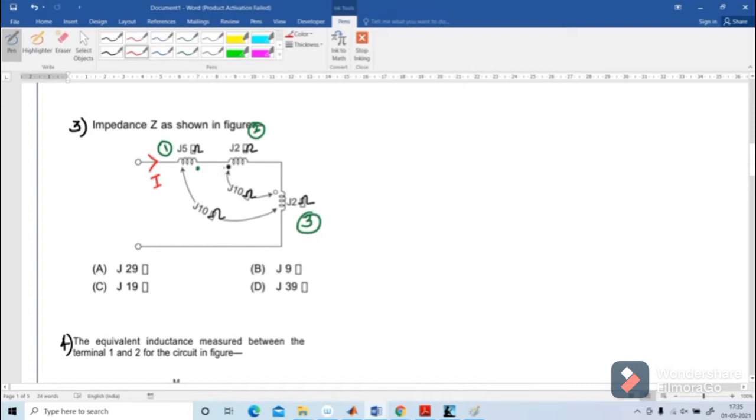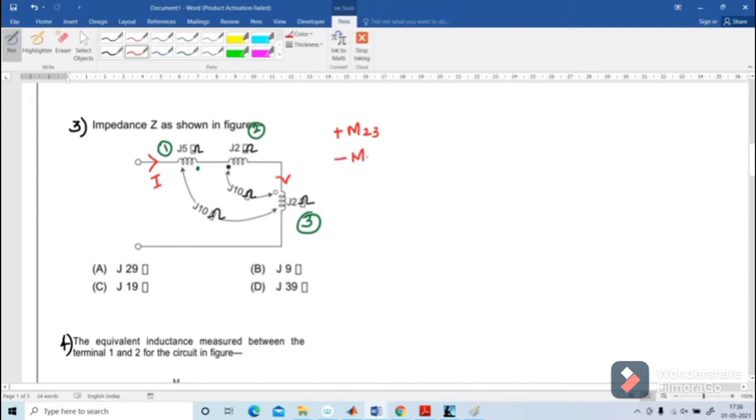The mutual inductance is not given for these. And for the second and third, current is entering the dot, so plus M23. And for the third and the first, the mutual inductance is given. In the third coil current is entering the dot and in the first coil current is leaving the dot.